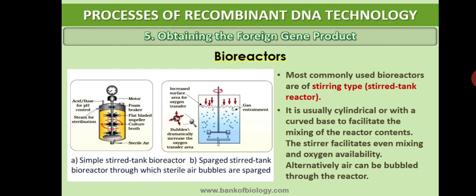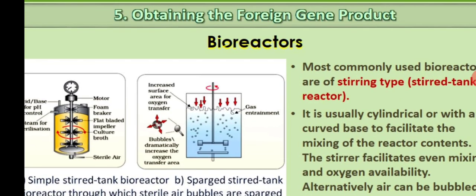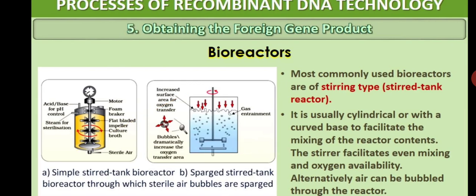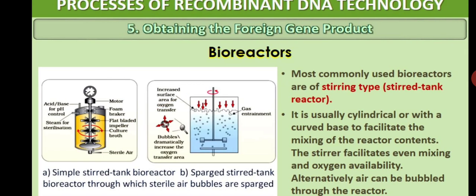You can see the diagram here, and the same diagram is there in the textbook also. The first diagram is a simple stirred tank bioreactor, and the second diagram is a sparged stirred tank bioreactor through which sterile air bubbles are sparged.